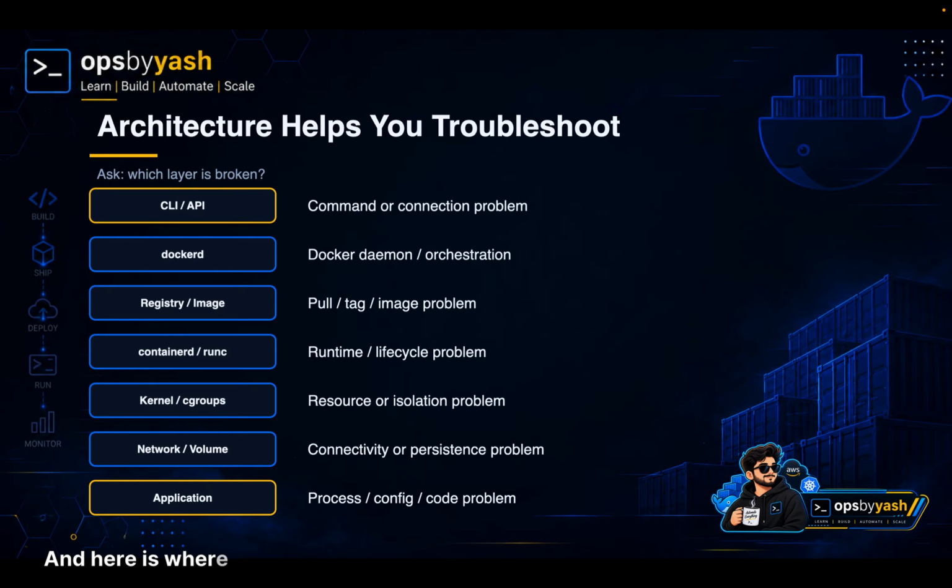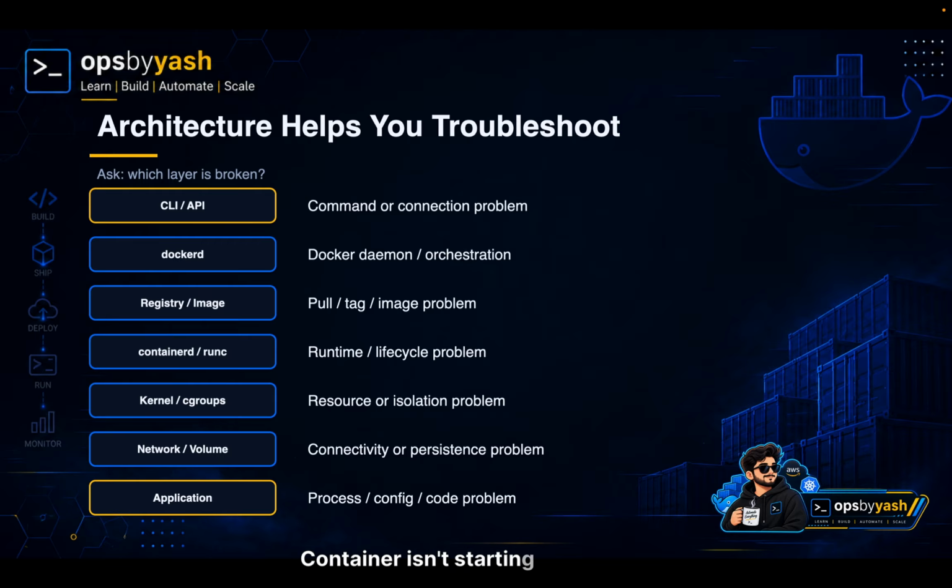And here is where understanding architecture becomes extremely useful. Suppose docker run fails. Don't randomly start restarting things. Ask which layer is broken. Is it the CLI or API? Check the command or connection. Is dockerd having a problem? Check the Docker daemon. Can't pull the image? Check the registry or image configuration.